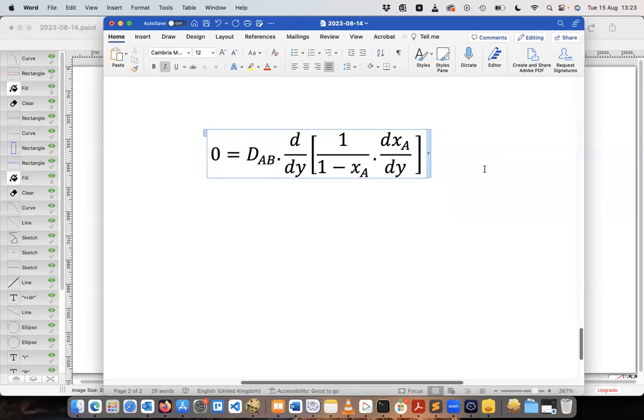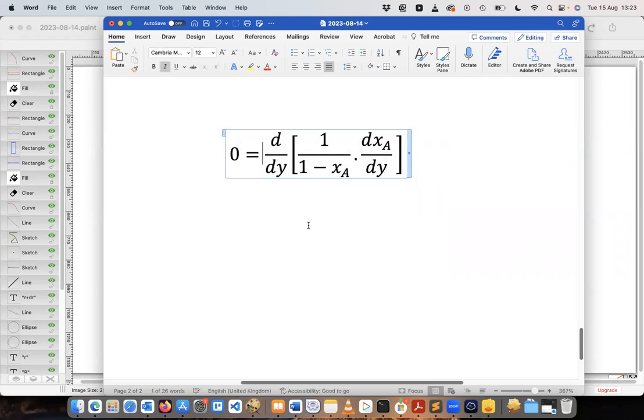So this is the balance that we have. And of course, it's equal to 0 here, so we can divide out this diffusivity. So that's the equation that applies at steady state, and that's what we need to solve.